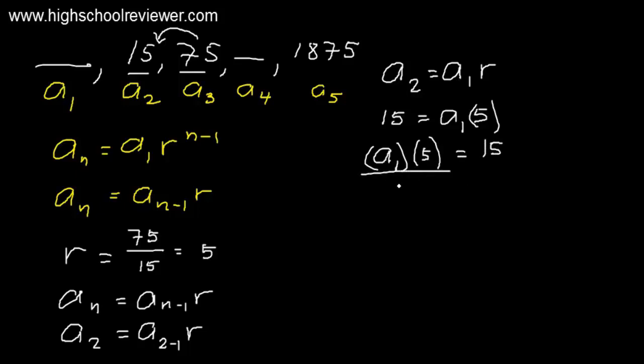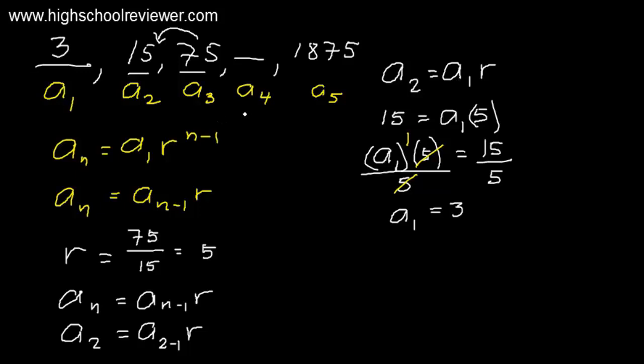So to cancel 5, divide both sides of the equation by 5. Okay, so 5 divided by 5, we can cancel this out. This is equal to 1. What will be left on the left side will only be a sub 1. So a sub 1, this will be equal to 15 divided by 5, that is positive 3. We have the value for a sub 1, and this is positive 3.